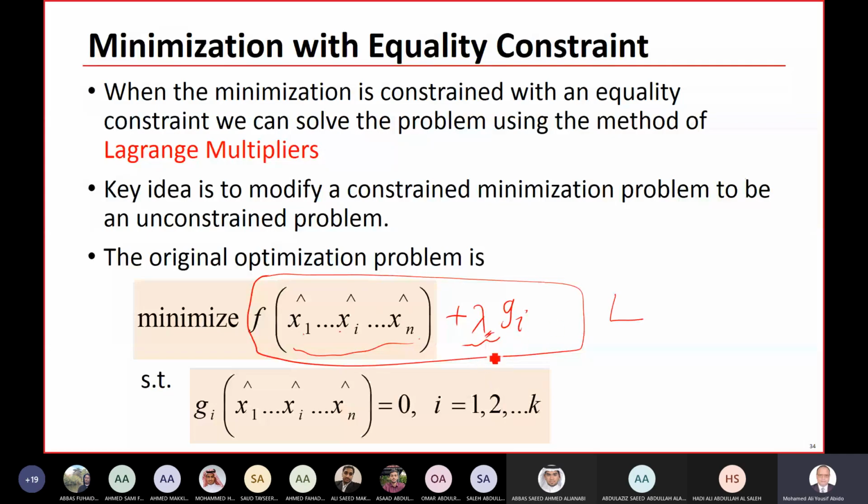It may be by 1 or 2 or 3, and you can have several equality constraints, right? So you can have here lambda_i, and if we have 3 constraints, we have 3 lambdas here in addition to the main variables. So you convert it to unconstrained, but you have to pay the price. The price here is increasing the number of variables by the number of constraints.